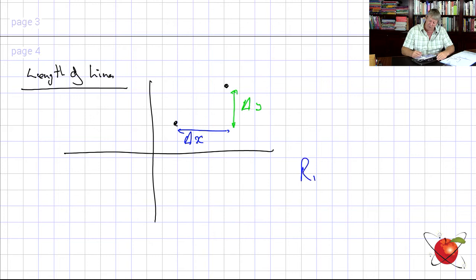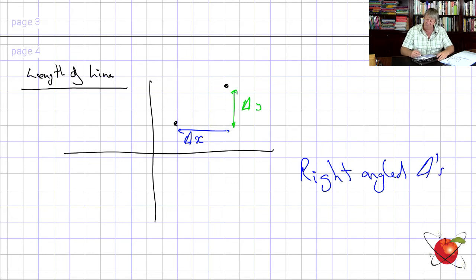We're saying there's point A and B, right? There's delta x, delta y, and the bottom here is delta x. So we've got that height and we've got this length. So we are splitting it up into a series of right angled triangles and Pythagoras.